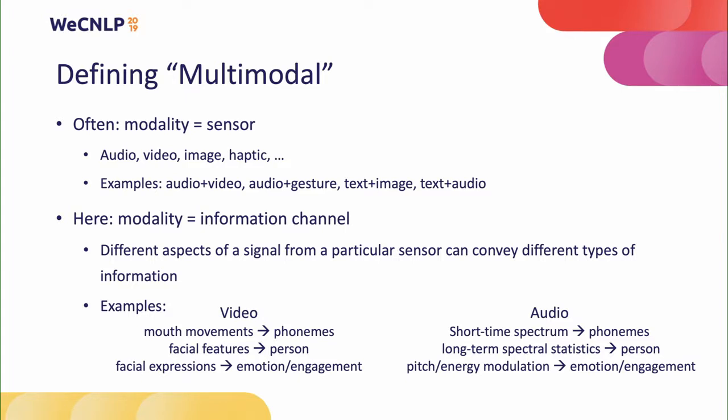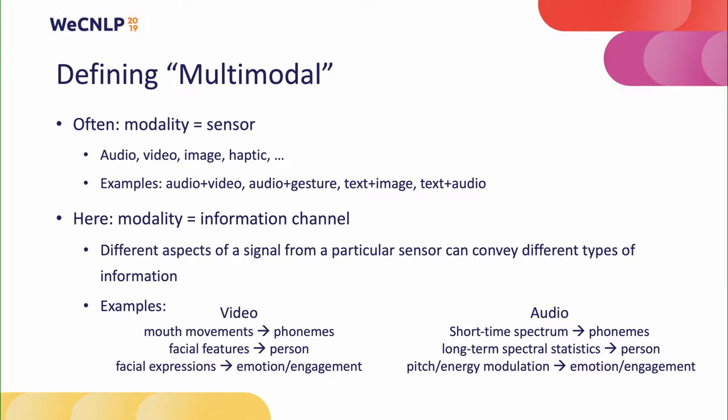I will actually be doing text and audio, but what I want you to think about for this talk is that modality is an information channel. So different aspects of a signal from a particular sensor can convey different types of information.